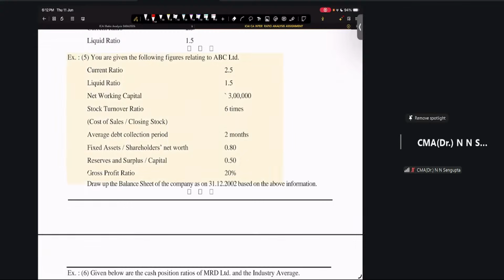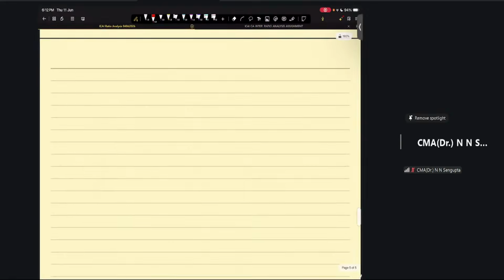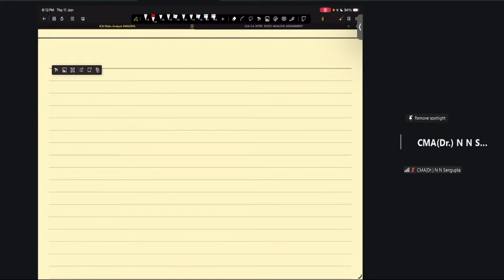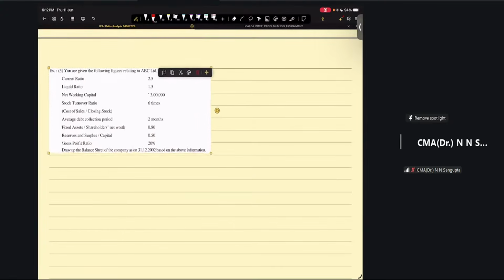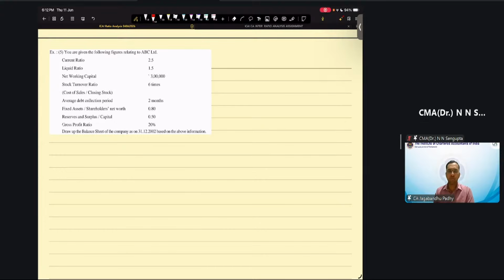So let me take this question and paste it in our solution sheet. Whatever assets and liabilities need to be computed, first let's have a pro forma of it, and then we will get an idea as to what needs to be computed, right?